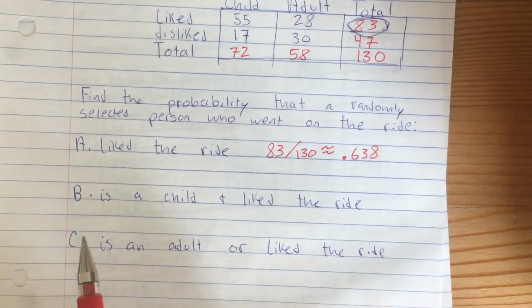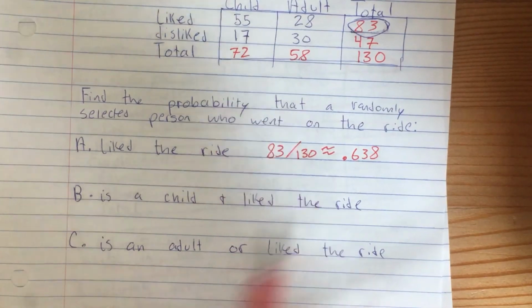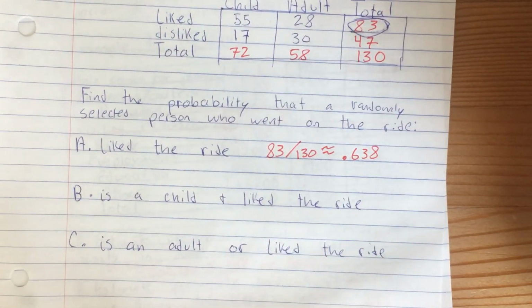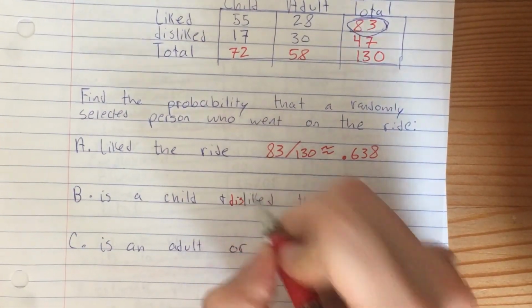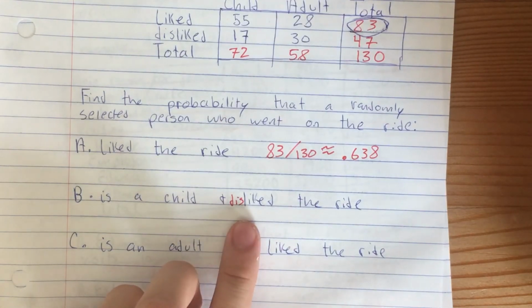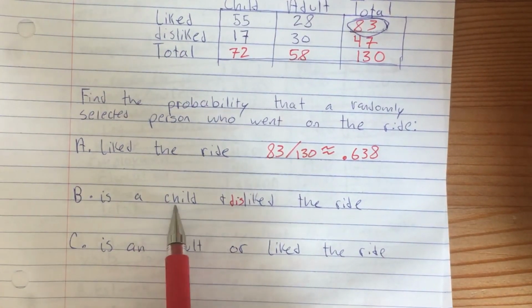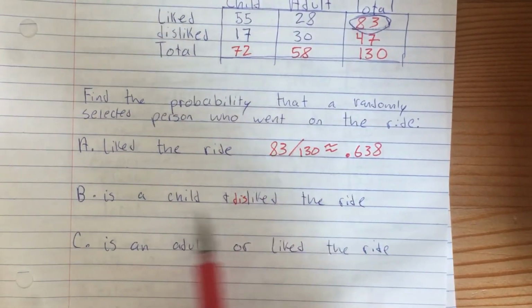Let's see, what is the probability that someone is a child and disliked the ride? I copied that one down wrong, and it is all good. So we're looking for which of these things satisfy both conditions.